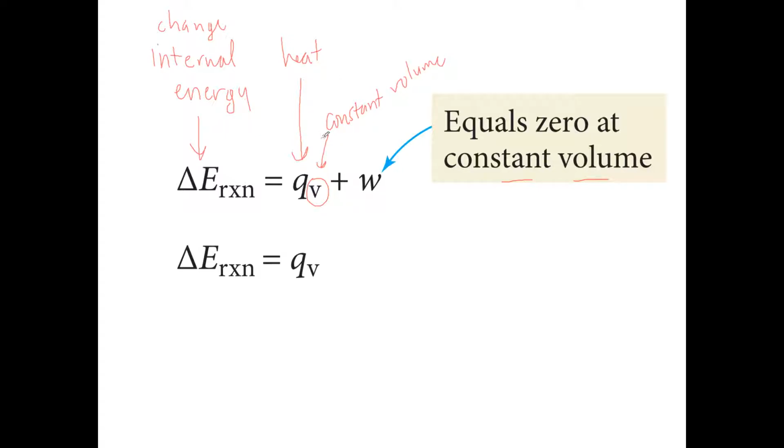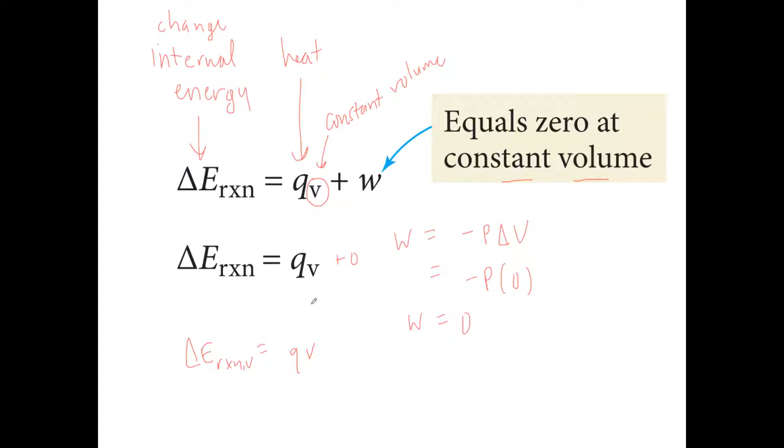It's the heat at constant volume. Now, if you have constant volume, remember W is equal to minus P change in volume. So if the change in volume is 0, then the work is 0. Therefore the change in internal energy of a reaction at constant volume is equal to the heat at constant volume.